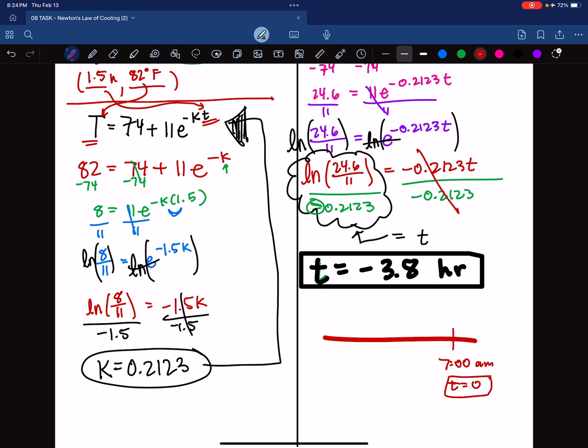So the negative time means 3.8 hours in the past, aka, let's maybe write it better, before 7 a.m. So almost 4 hours before. So almost 4 hours prior would be like 3 a.m. And it's just a little bit after that.